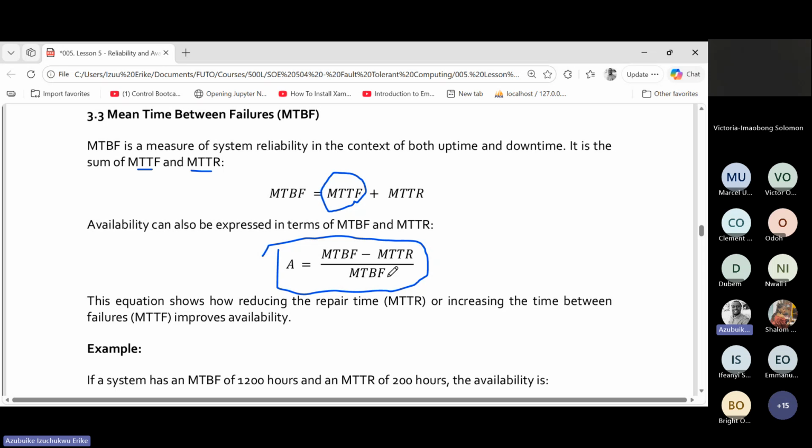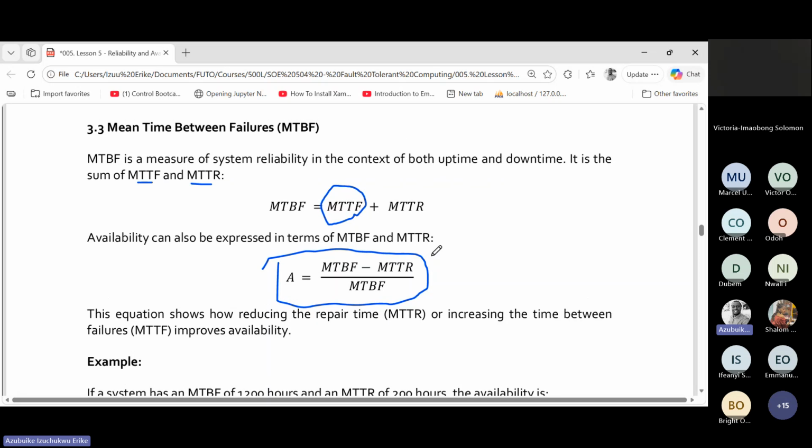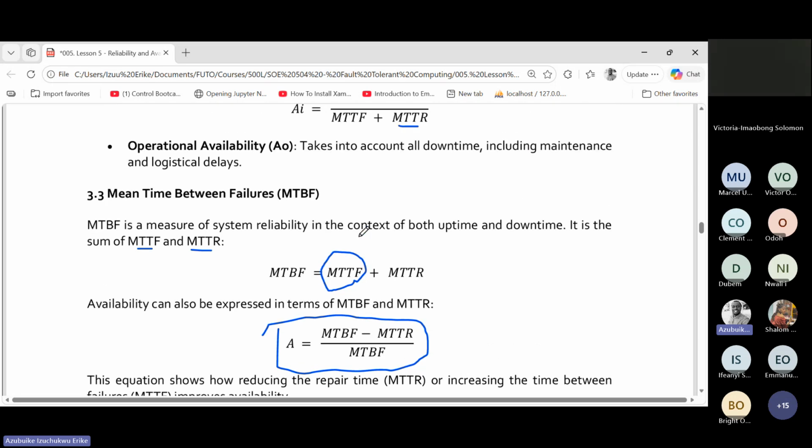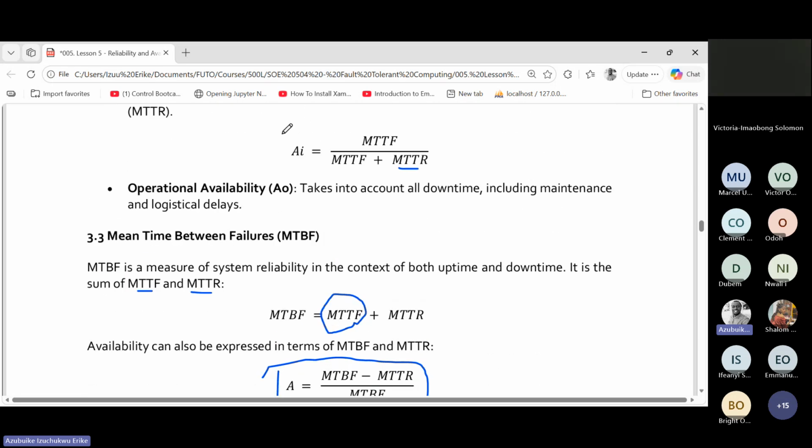So what am I trying to say again? That you may be faced with a question that did not show you MTTF, and you are required to compute availability, which is this. You are required to compute availability still. And so what are you going to do? You are going to find this by substitution, by subtracting MTTR from MTBF.